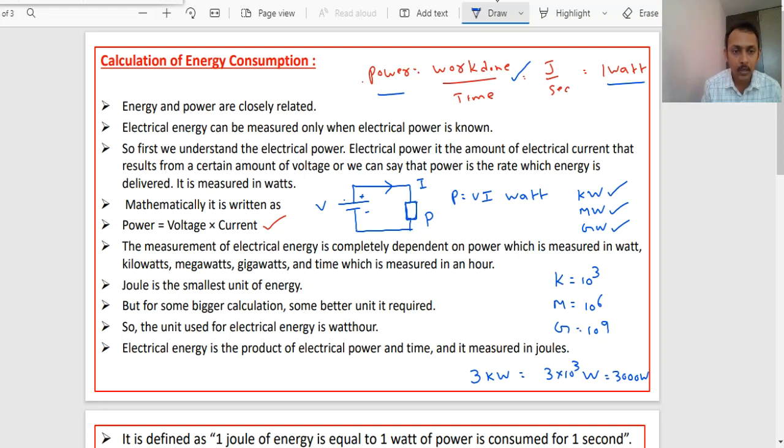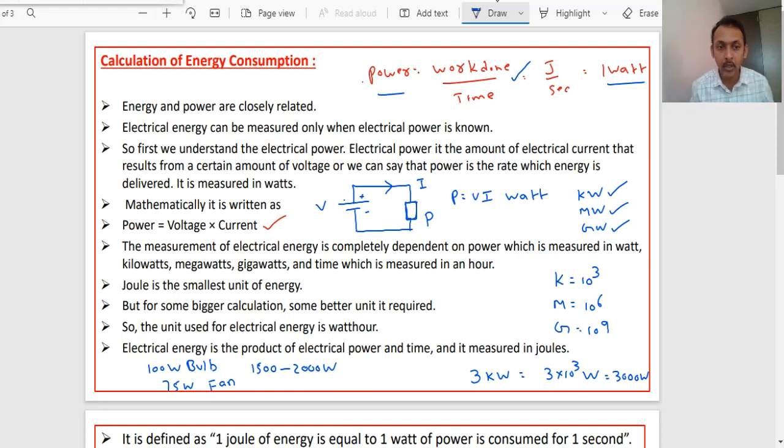For example, you might have heard the word like 100 watts bulb, right? And a fan will be around 75 to 90 watts, 75 watts fan. Or an air conditioner, if it is a 1.5 ton AC, some 1500 to 2000 watts. These are all called the power rating of the equipment.